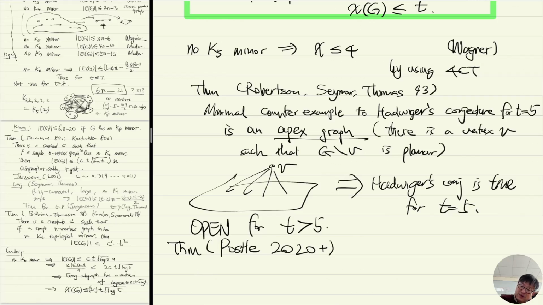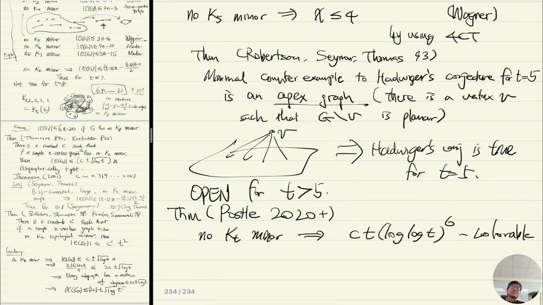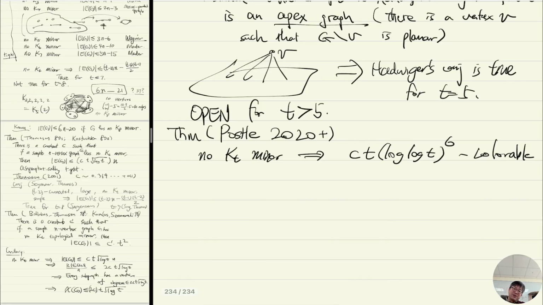If a graph has no K_t minor, then it is c t (log t)^6 colorable. Previously we knew c t square root log t, right? And this is a big improvement because the square root log t becomes log t. But still we are very far, okay?